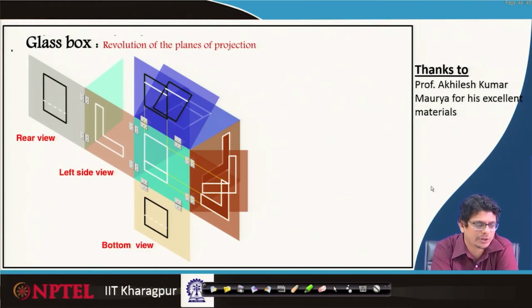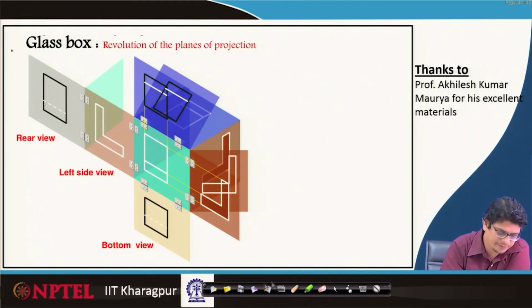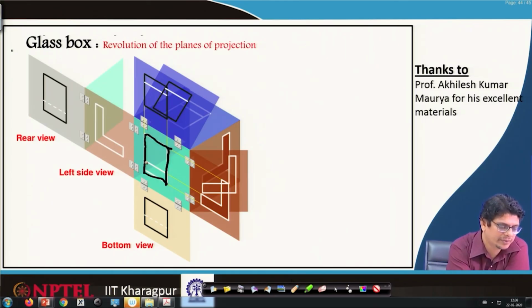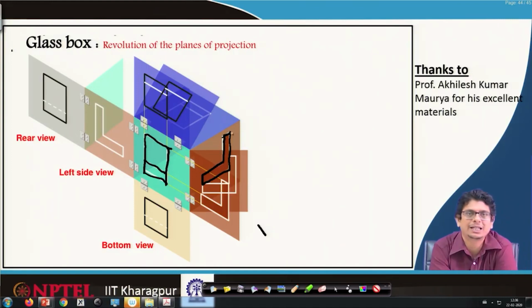For example, let us look at this one. For the same object, the front view after projection, we might be getting this one. This remains a fixed plane. Now, the observer looks from there. First of all he will get this one as the object for the right side view.